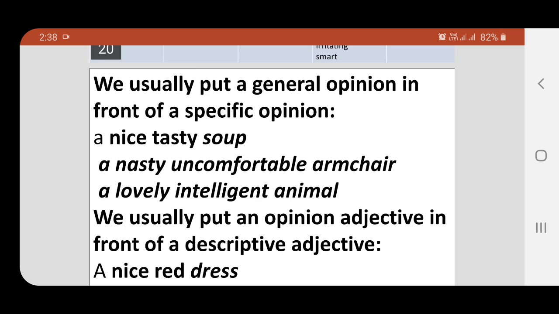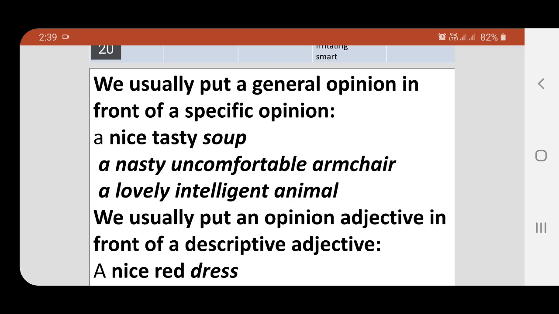A nasty uncomfortable armchair. Nasty, that is a general opinion. The area is dirty, nasty. These are all some of the general opinions. Uncomfortable. Comfortable is a word associated with furniture.